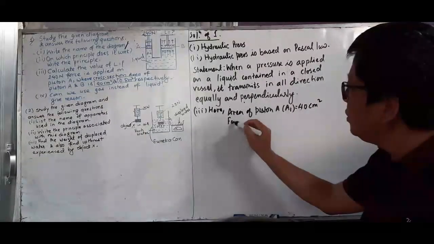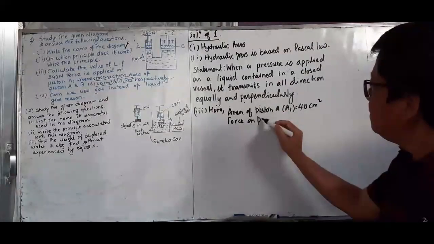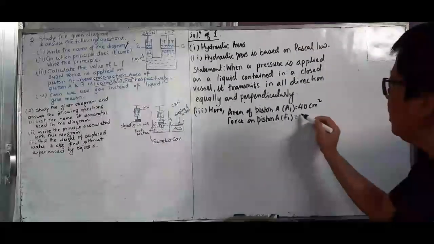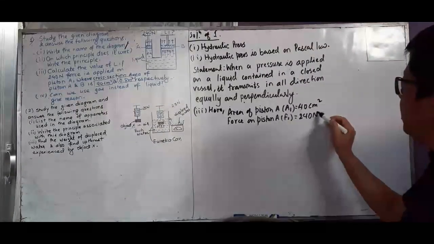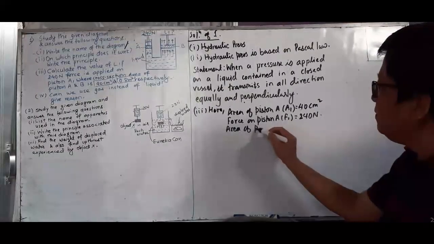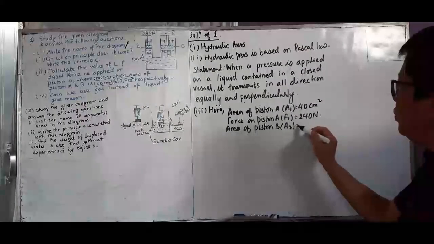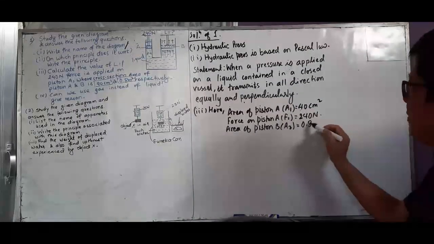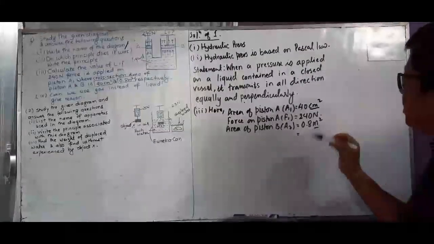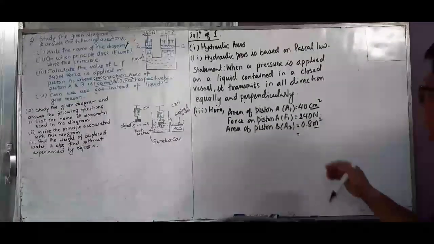Similarly, force on piston A, say it is F1, it is 240 newtons, and another area of piston B, say it is A2, it is 0.8 meter square. So look at here, cm square, meter square. It is a different form of the unit of the area.